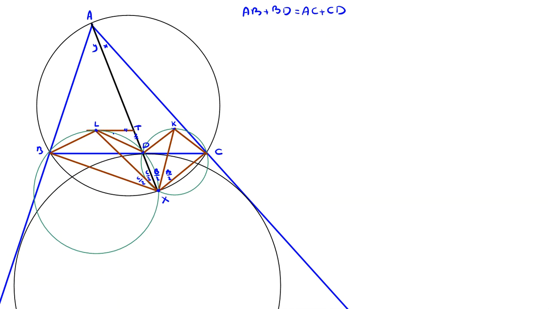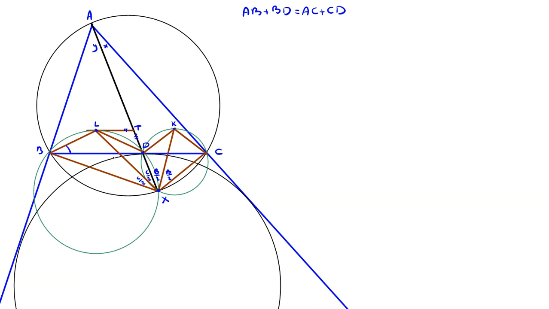Now, let me tell you at first, this line shows what? We know this angle equals this angle, because it is C, they see the same arc. So if I draw the internal angle bisector, each of the angles equals C over 2.